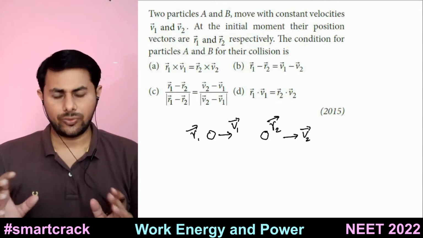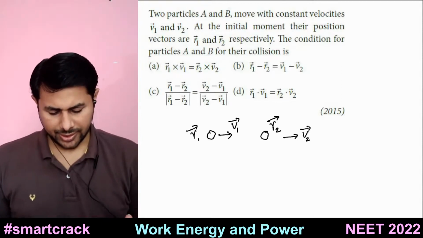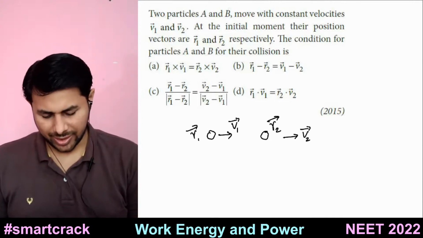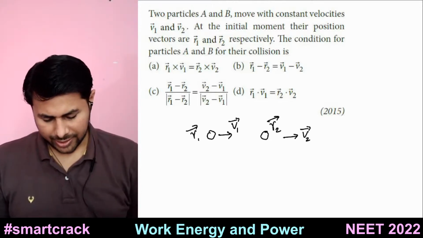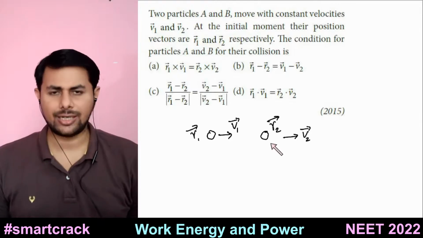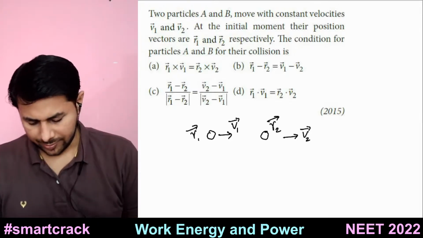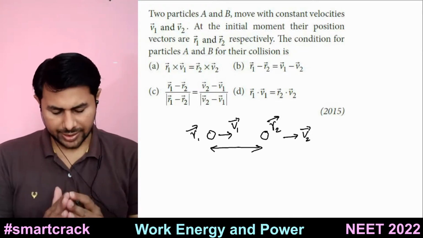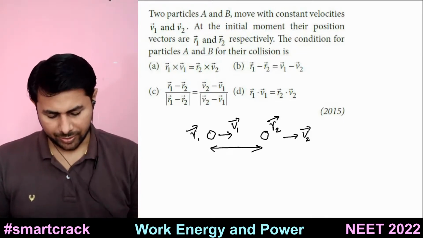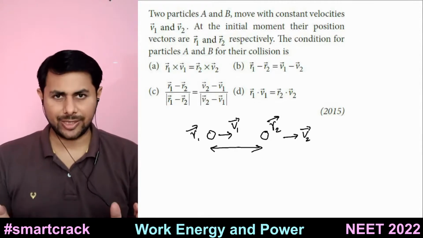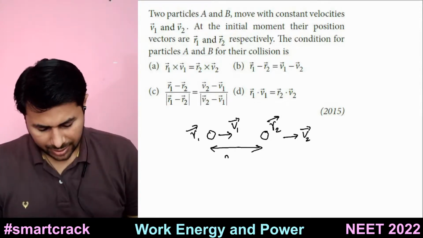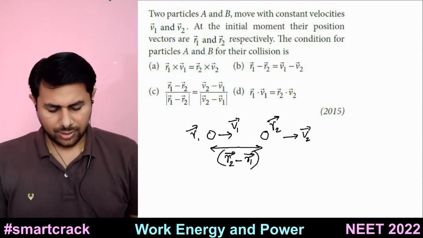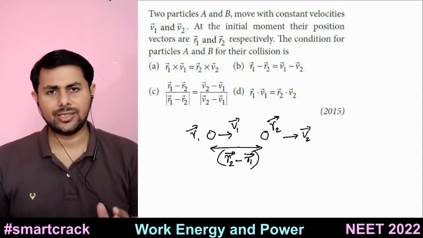Okay, so what is the relative distance between these two? The relative displacement to be covered by the first object is r2 bar minus r1 bar. This object has to displace relative to the second object by this much displacement, r2 bar minus r1 bar. So let's suppose it happens in some time t.